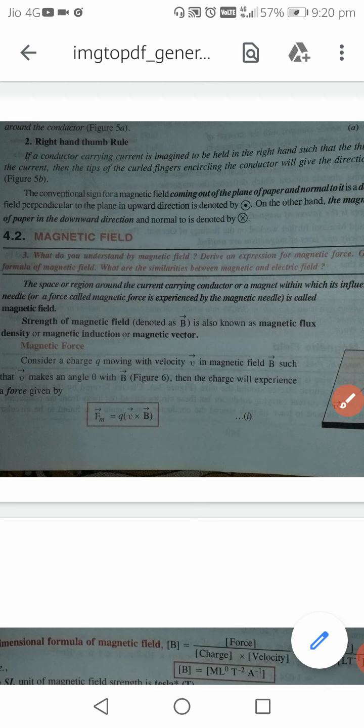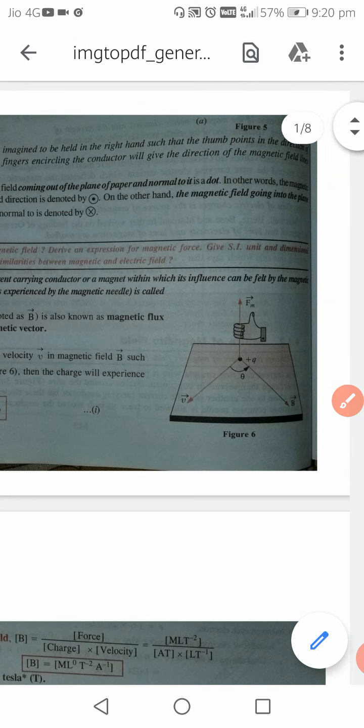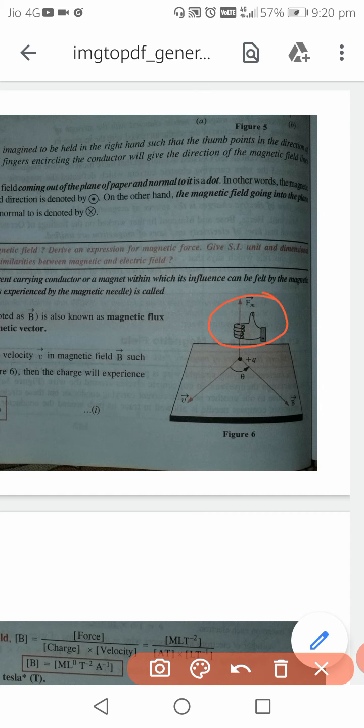The rule is like this. Suppose you keep your right hand in this way, pointing the thumb towards the direction of current. Suppose here you have a conducting wire, and the wire is conducting current in this direction.